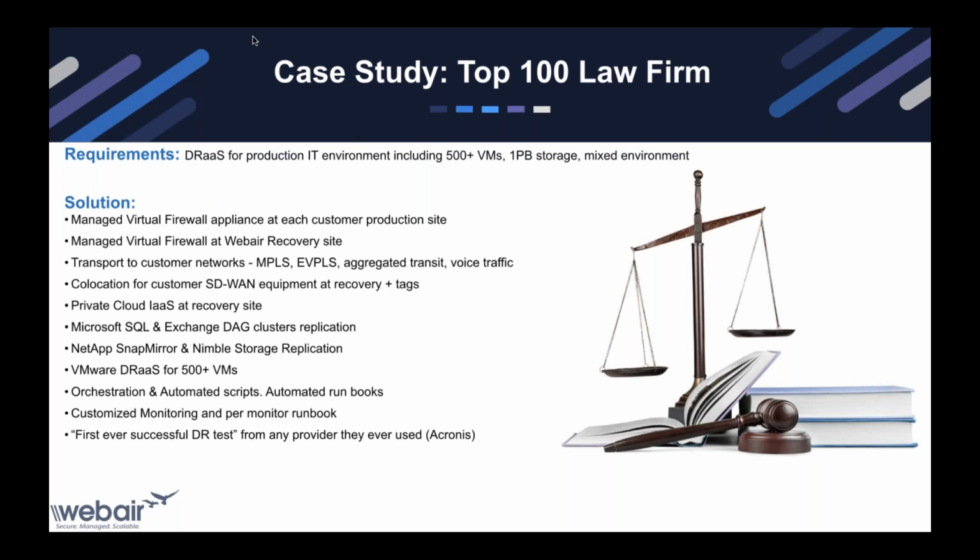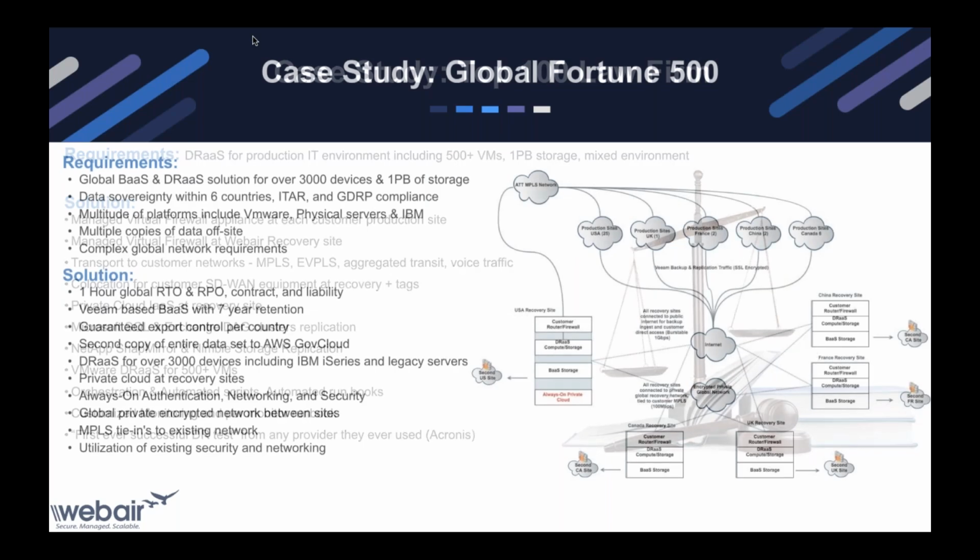It was running their SD-WAN at the DR site, the always-on authentication, their wiretapping infrastructure at DR, SQL servers, and it was NetApp replication with SnapMirror, and Nimble replication as well. You might ask, why did we need all that? Because their environment was complex, and as the last bullet indicates, we provided them with the first successful DR test they had ever had.